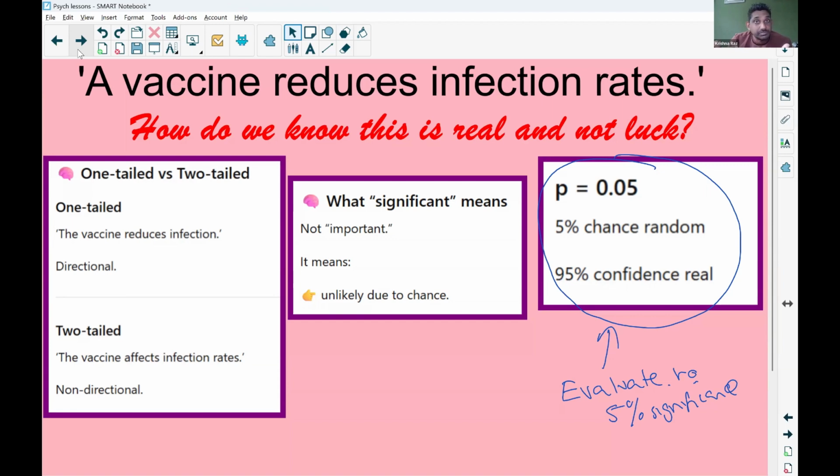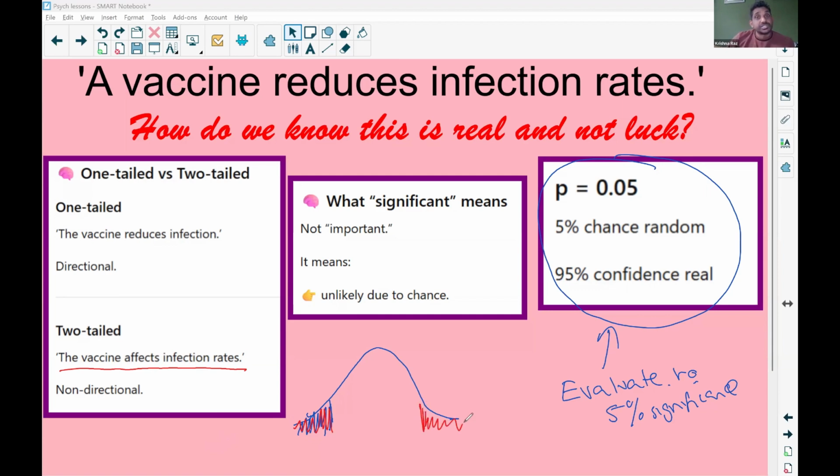So it's two-tailed. Yeah. So I don't know if I'm getting too mathsy here, but if that's the population as a whole, when we say the vaccine reduces infection rates, we're talking about one side of the population. If we talked about the vaccine affecting infection rates, it could have been this side or this side.